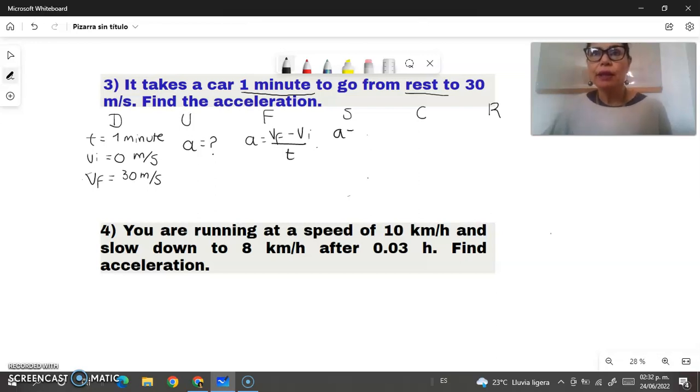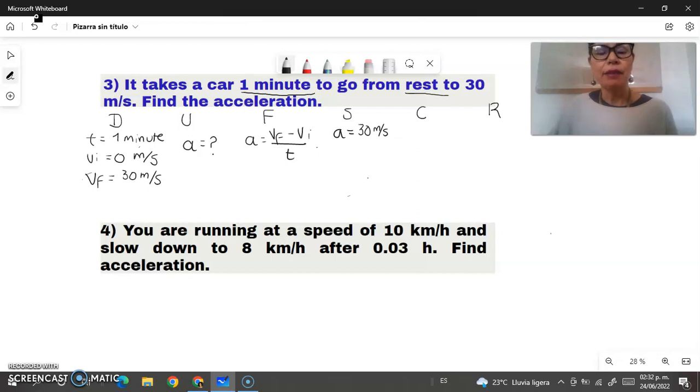Substitution: A equals 30 meters per second. And now, please notice the following. The unit of time is minutes, but the velocity is in meters per second.